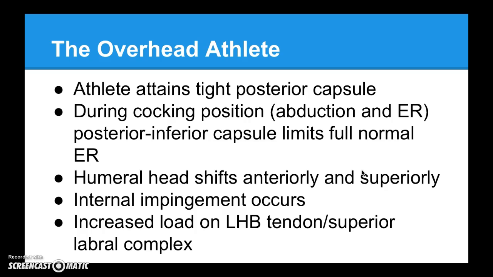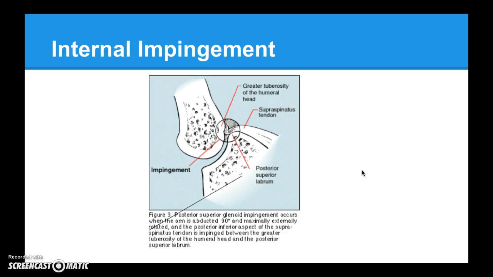However, the tight posterior and inferior capsule will limit the athlete from attaining full external rotation with normal glenohumeral biomechanics and forces the humeral head to shift anteriorly and superiorly to attain the range of motion that they need. This causes internal impingement and increases the moment at the long head of the biceps and the superior labral complex. This is the mechanism by which these athletes often attain damage to these structures and can also be applied to overhead laborers or any other patient you see with secondary impingement.